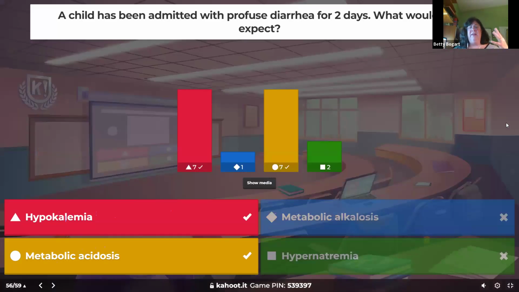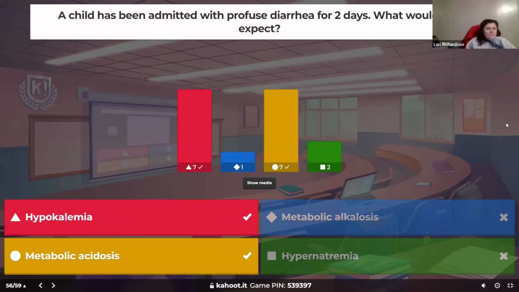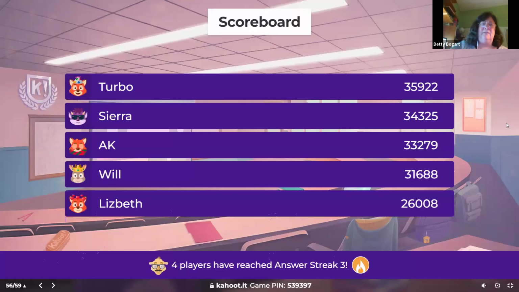Well, if you're losing fluid, you're losing potassium for sure. We know diarrhea has a lot of alkaline substance because of the enzymes which digest food. So you're losing alkaline. What is left? Acid. So that's metabolic acidosis. If I was vomiting, I'm losing stomach acid. I'd be left with metabolic alkalosis. Trying to make that easy for you.